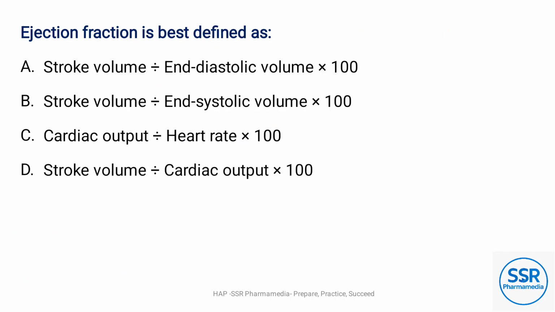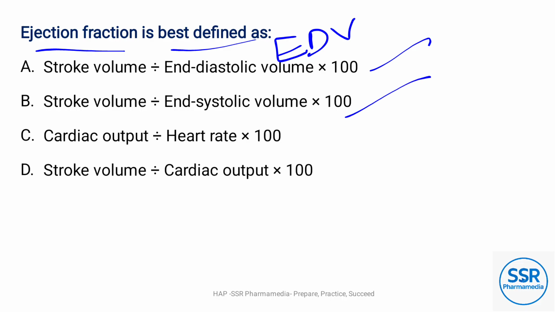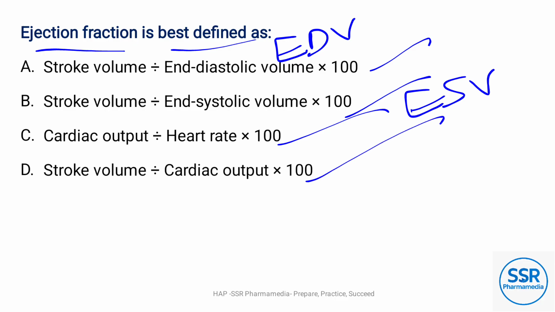Next, ejection fraction is best defined as: option A, stroke volume divided by end diastolic volume, EDV, into 100; option B, stroke volume divided by end systolic volume, ESV, into 100; option C, cardiac output divided by heart rate into 100; option D, stroke volume divided by cardiac output into 100.